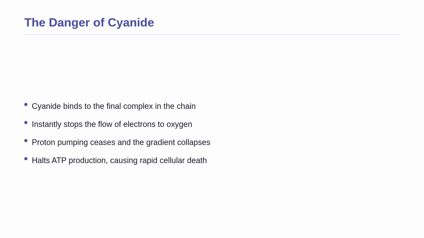By doing so, it instantly blocks the final transfer of electrons to oxygen. The entire relay race comes to a crashing halt. Because the electrons cannot flow, no protons are pumped, the gradient collapses, and ATP production stops completely. Without ATP, cellular functions fail rapidly, leading to rapid death.